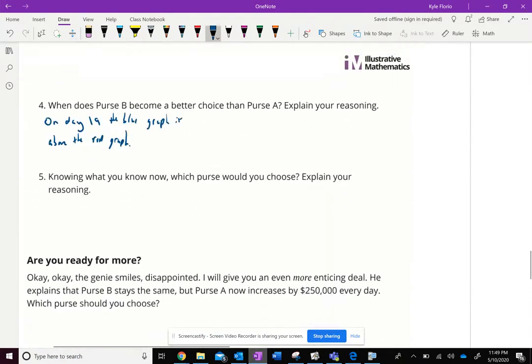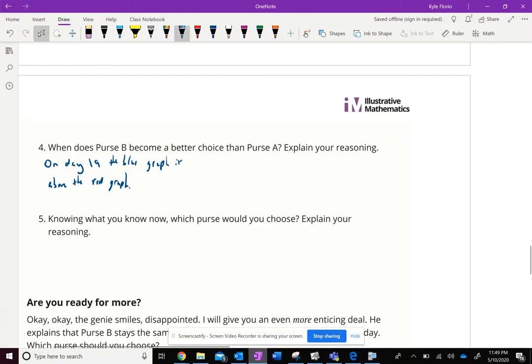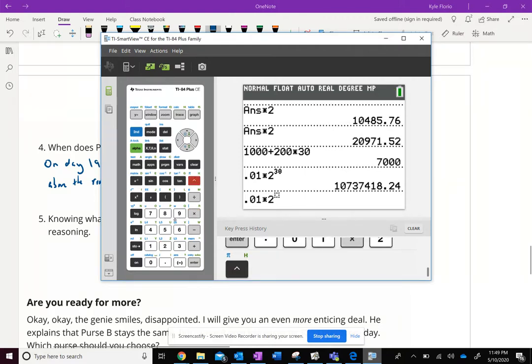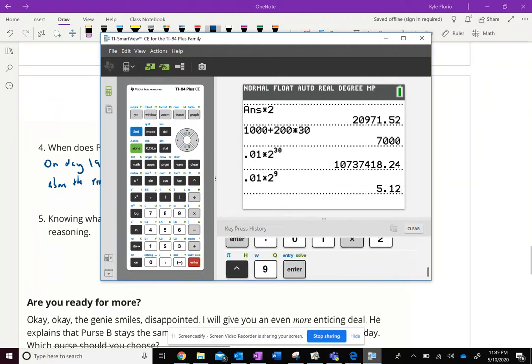Let's just calculate using that formula that we had. So in the blue graph on day 19, remember we started off with 1 cent and we kept doubling it every day. We doubled it 19 times for the 19th day. So 0.01 multiplied by 2, 19 times.